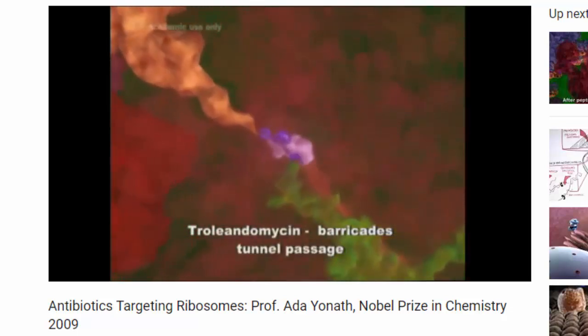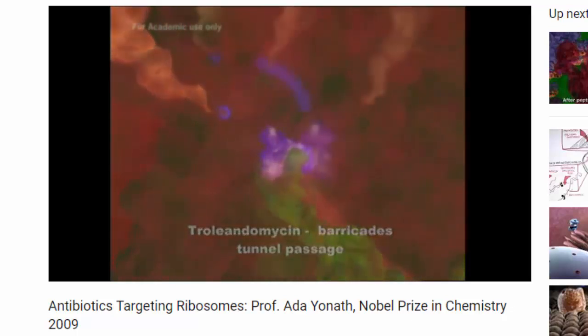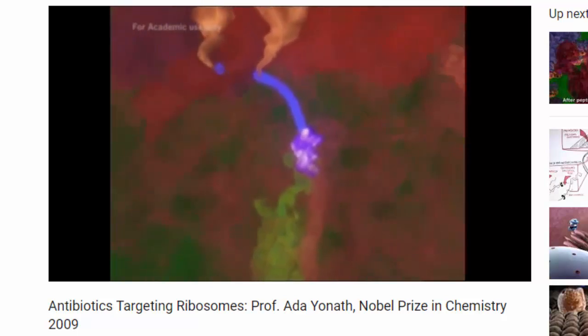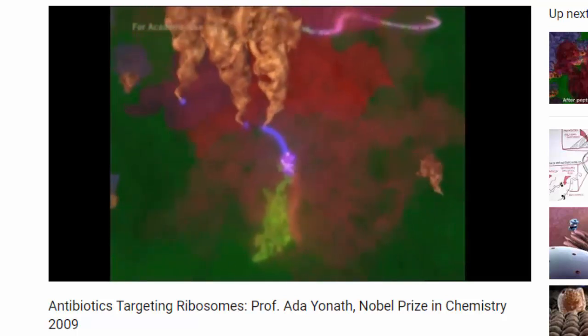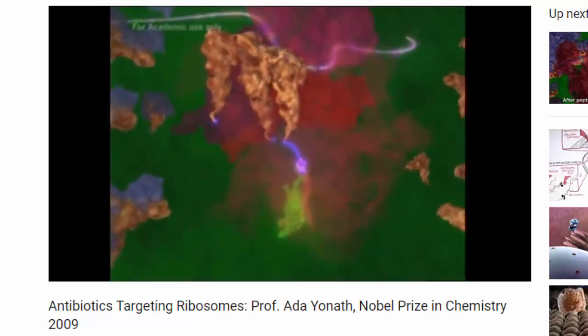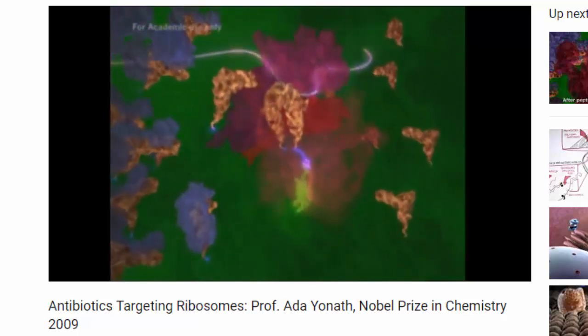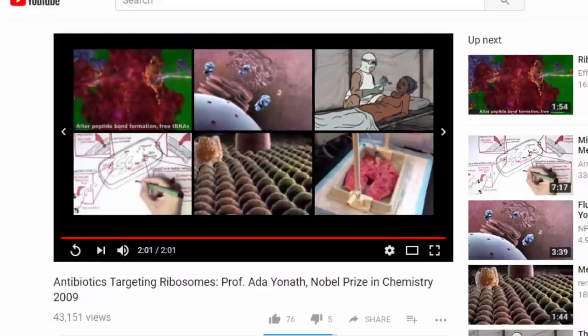And this one is going to stop the tunnel passage, so it's going to prevent any of the amino acid polypeptide strand from getting out. So that animation showed how the Nobel Prize was won in chemistry in 2009.